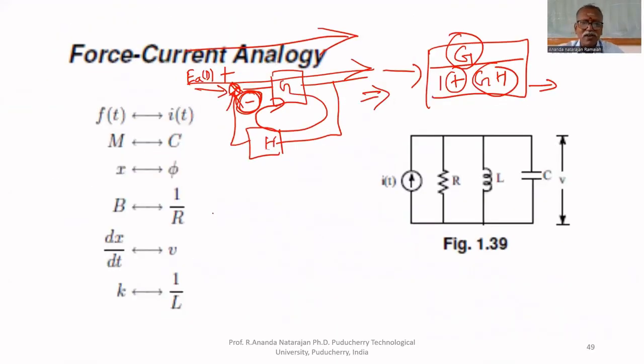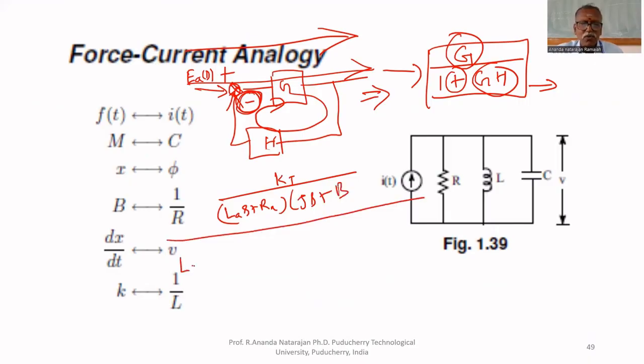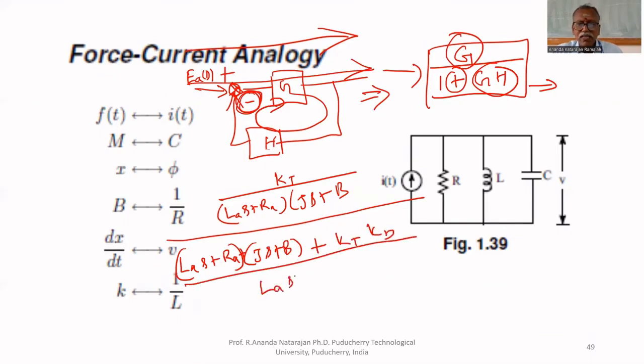If you take LCM, what you will get is KT upon LAS plus RA multiplied by JS plus B, whole divided by 1 plus, therefore, LAS plus RA multiplied by JS plus B plus KT KB, whole divided by LAS plus RA multiplied by JS multiplied by JS plus B. So these two get cancelled.